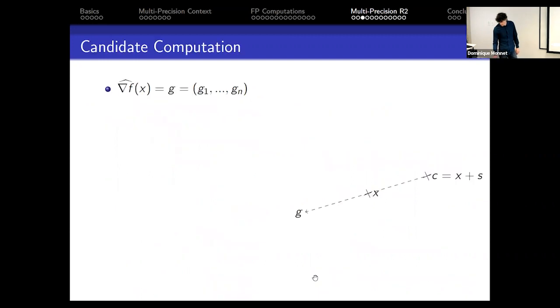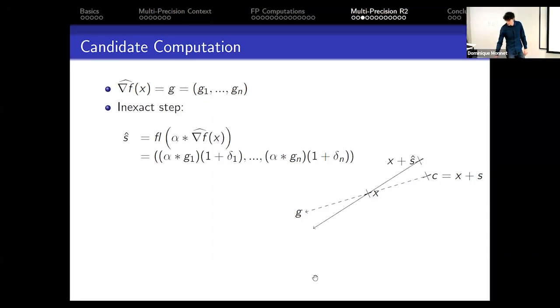Okay, so let's look at our candidate computation. Here, my inexact gradients are going to be called G. My incumbent is in dimension 2. This is the gradient I compute, and ideally I want my candidate to be that guy here.